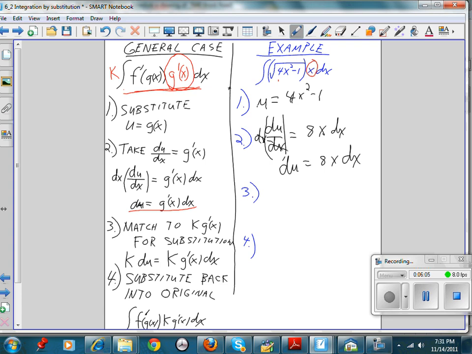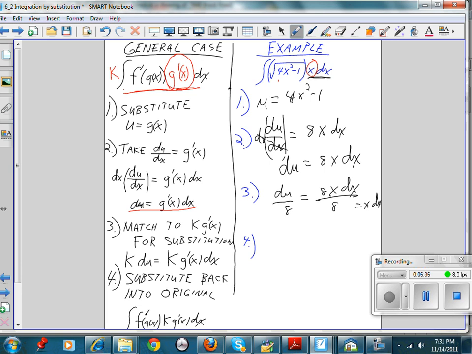Now I want to match something. The next thing I'm going to do down here, I want to match k g prime to this. I want to get what I call the knockout blow right here. I want that function. So I divide both sides by 8, so 8x dx over 8 is going to be equal to what? x dx.